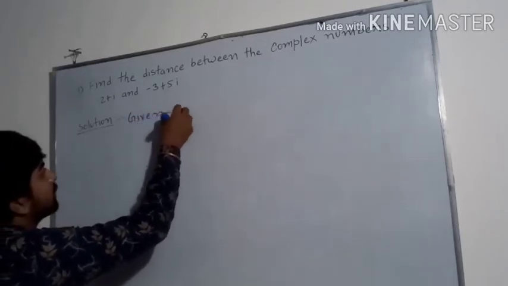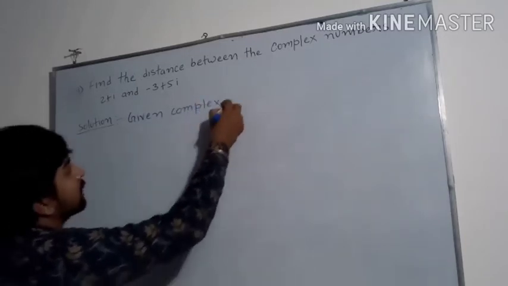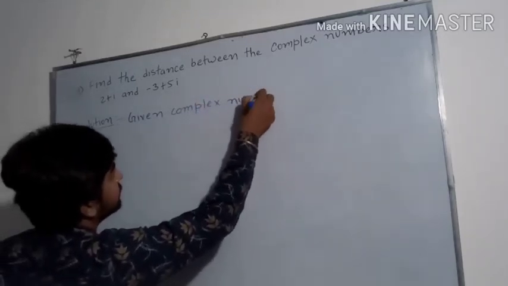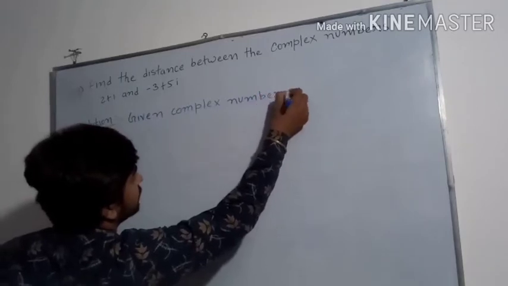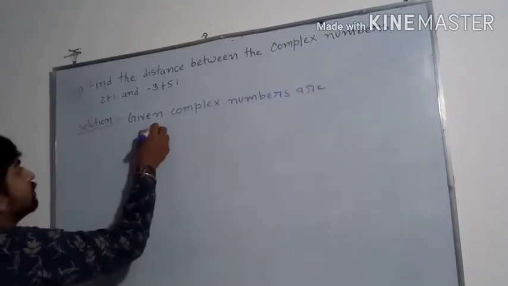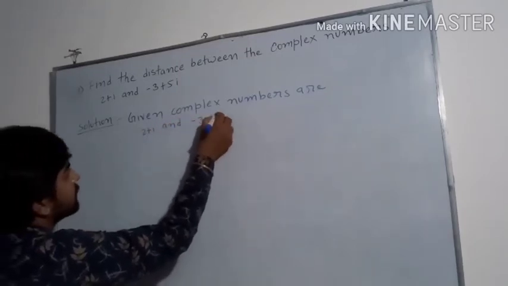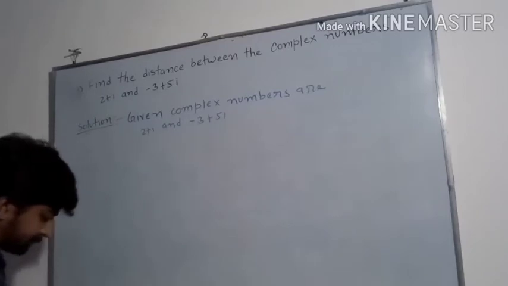Given complex numbers are 2 plus i and minus 3 plus 5i.